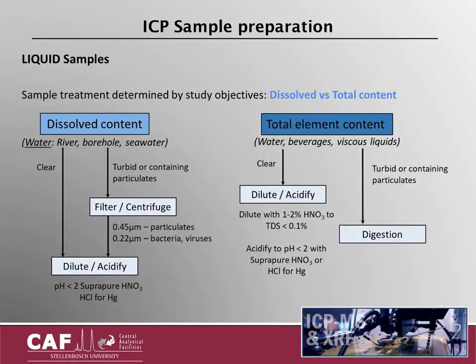For the processing of liquid samples for ICP measurement, the sample treatment is determined by the study objectives. Are you looking at dissolved content or total content of elements in your samples?